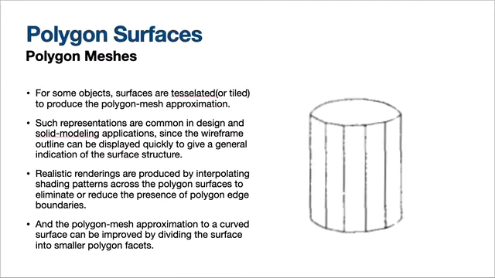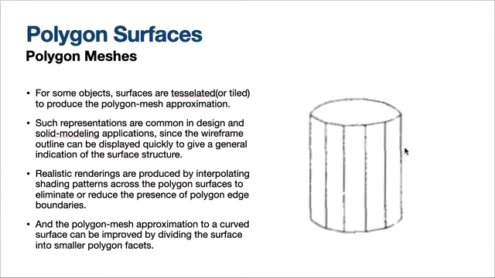If you see this figure, you can see that this cylinder is represented as a polygon mesh, using so many polygons. Such representations are common in design and solid modeling applications, since the wireframe outline can be displayed quickly to give a general indication of the surface structure.